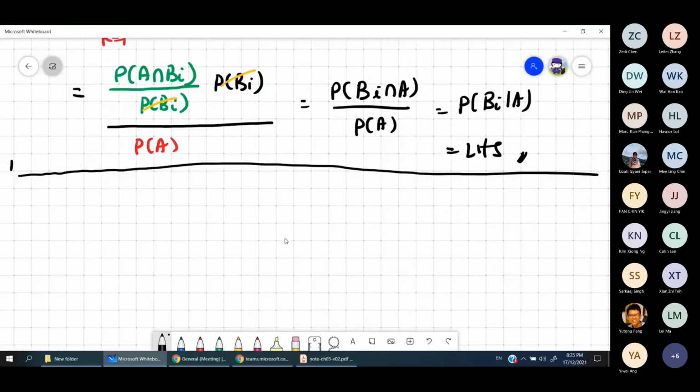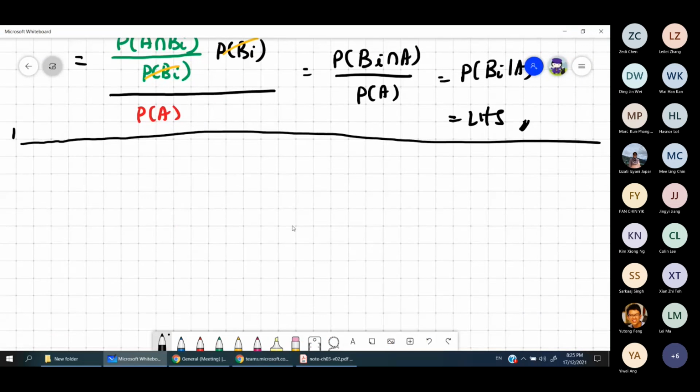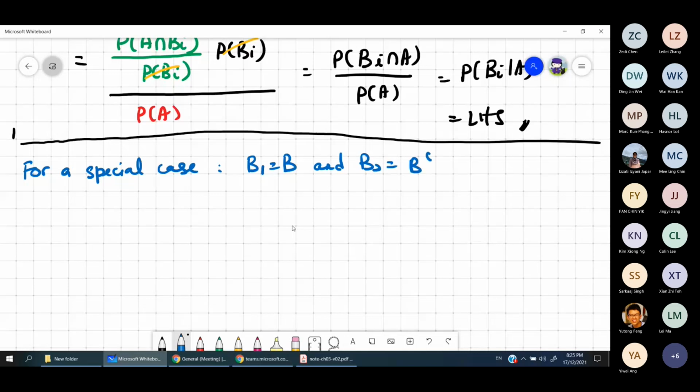We look at the simplest case. Let's say we take B1 to be B, and B2 to be the complement of B. That's it, the remaining are empty sets. If we put that into our formula, you can see it becomes like that.